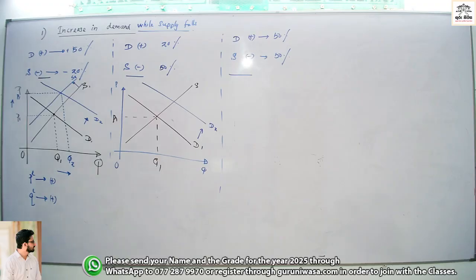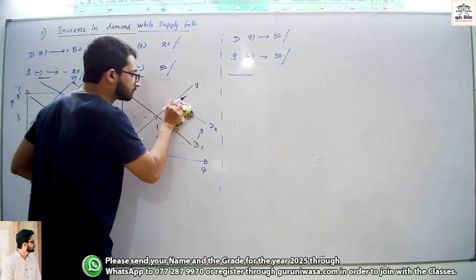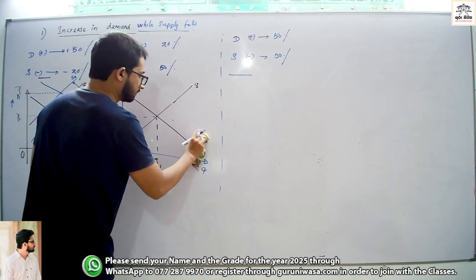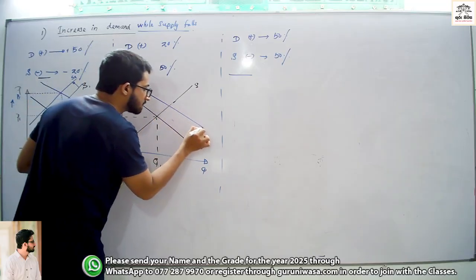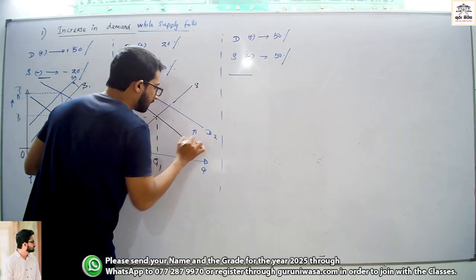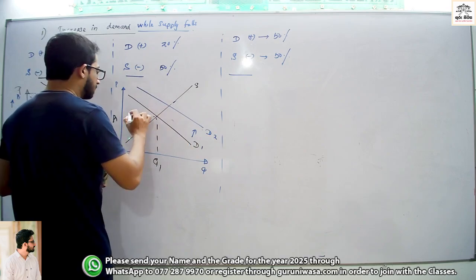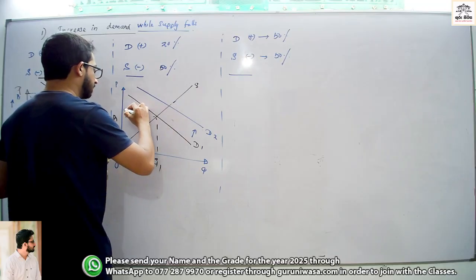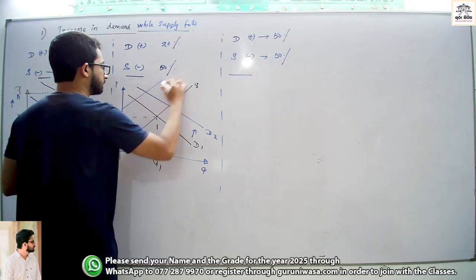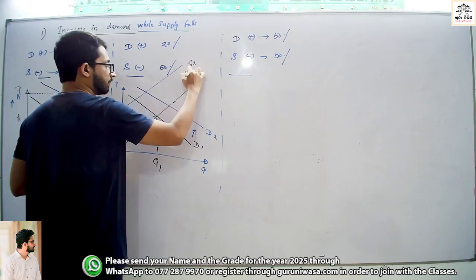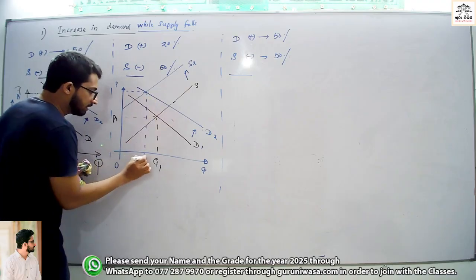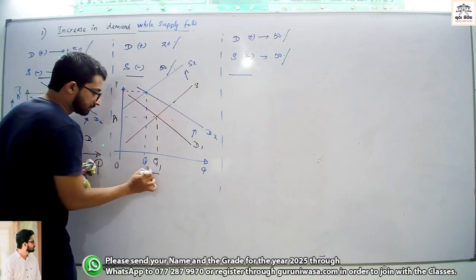So the supply curve shifts to the left side more than the demand curve, like this. S2. Then what happens? Equilibrium price increases, quantity falls.